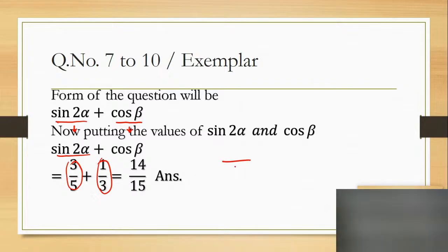We take the LCM of 5 and 3, this is 15, and here 5 threes are 15, therefore 3 into 3 equal to 9, plus 3 fives are 15, so here will be 5, and we get 9 plus 5 equal to 14 by 15. So this is the answer. Hope there is no problem to understand the solution of question number 8.